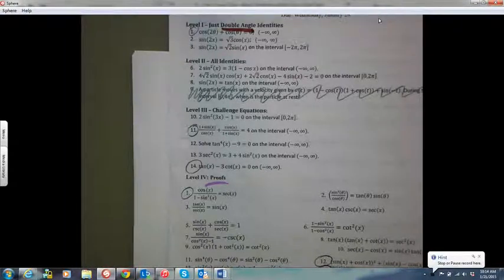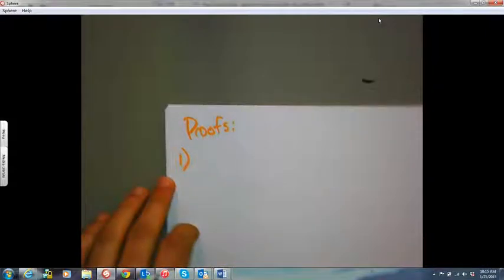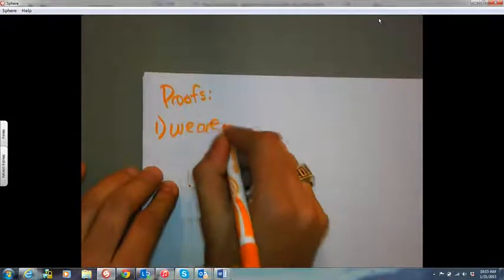And I want to talk about the section called proofs. So what are proofs? Here's what you need to know. First thing is, when you're doing a proof, we are not solving an equation.